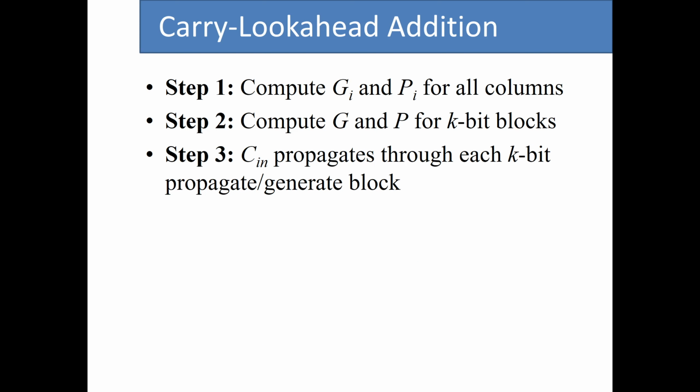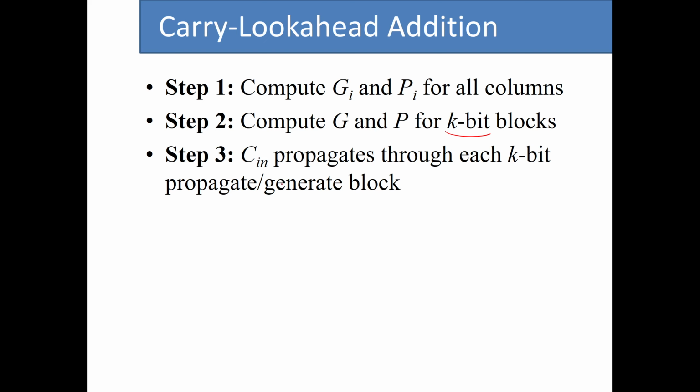So let's go through the steps for a carry lookahead addition. First, we calculate G_i and P_i, or more specifically the generate and propagate signals for all the columns in the number that we have. In step 2, we compute G and P for a k-bit block of bits.